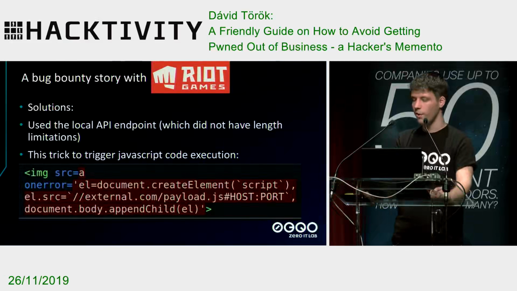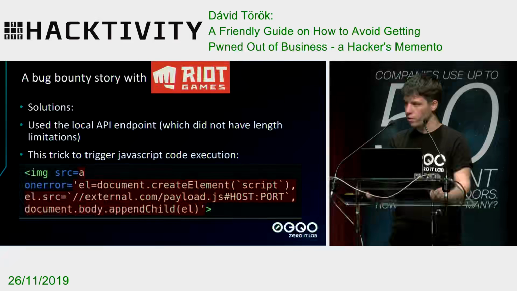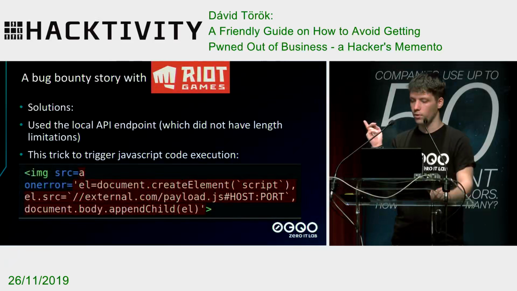We also figured out a way to trigger JavaScript code execution from the element that's appended into the toast dialog. We used an image tag with an invalid source, namely just the letter A, which is obviously invalid, and we assigned an onError attribute to this image tag. Whenever this image tag is rendered in Chrome, it's broken, which means the onError attribute is triggered and this piece of code is called.